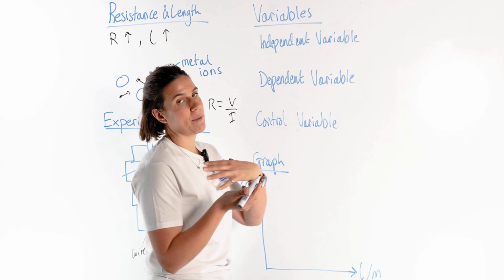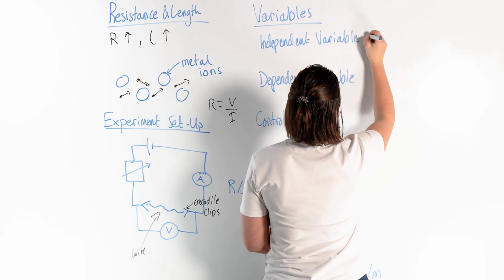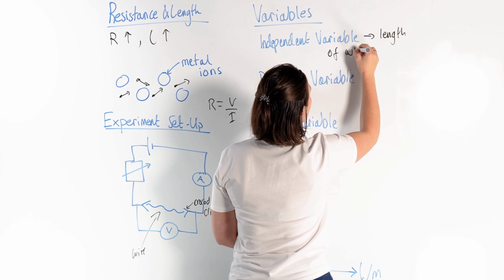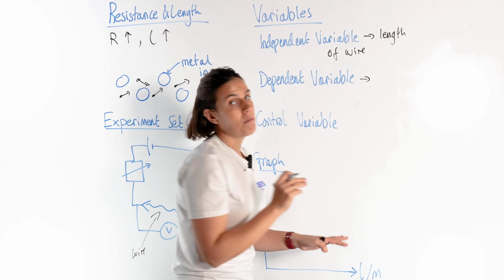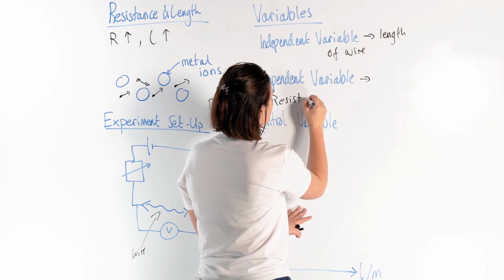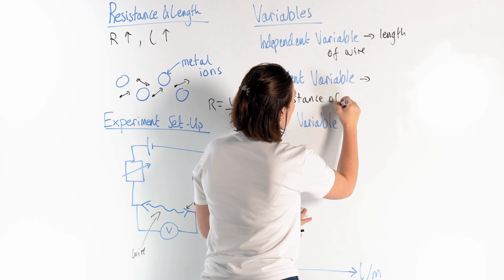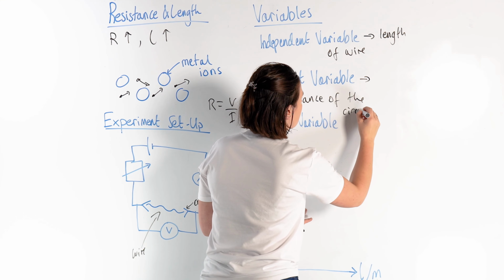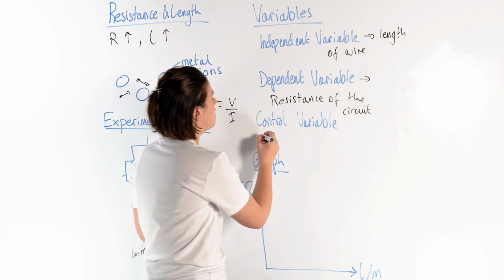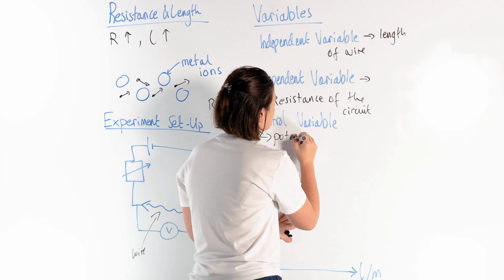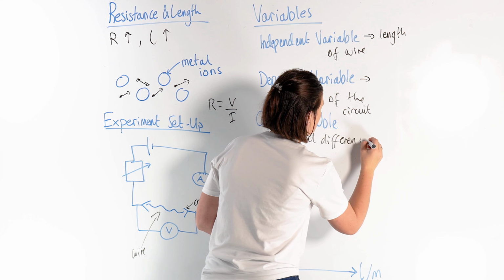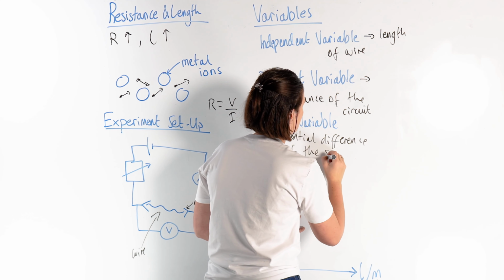What am I changing? The independent variable is going to be the length of the wire. The dependent variable, so what changes, is going to be the resistance of the circuit, and my control variable is going to be the potential difference of the supply.